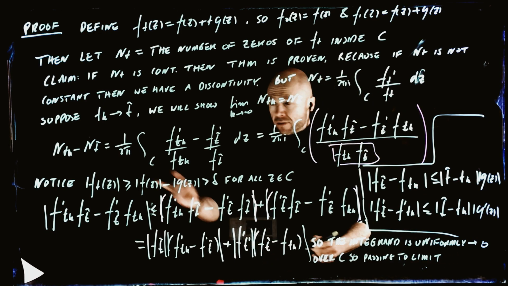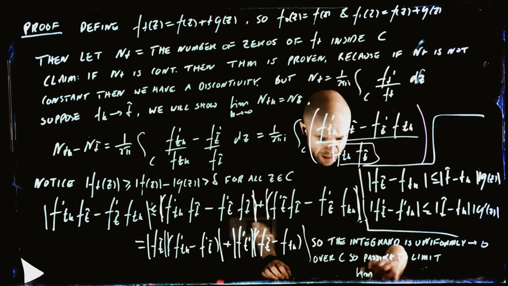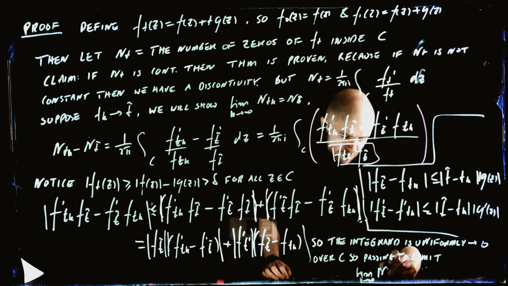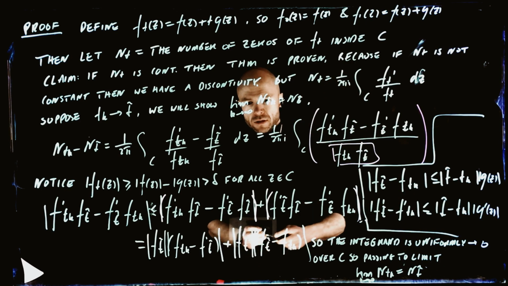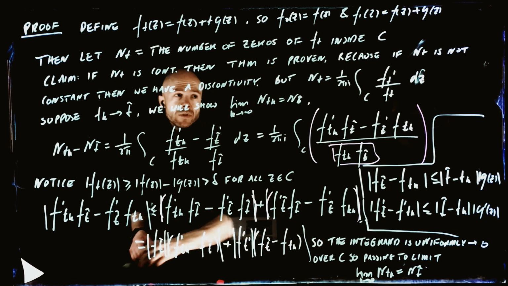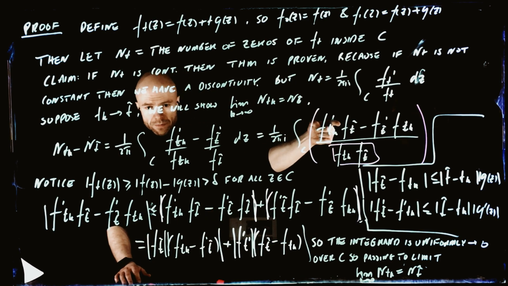We do indeed have that the limit as k goes to infinity of n of tk is equal to n of t tilde, and we have continuity, and that's all we need. So this function, n of t, is a continuous function.